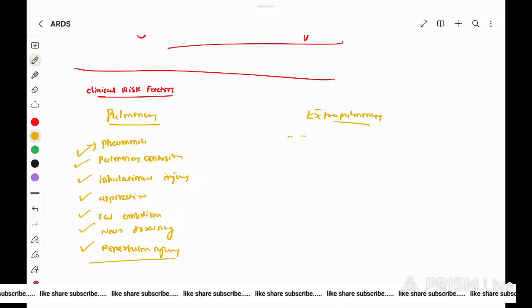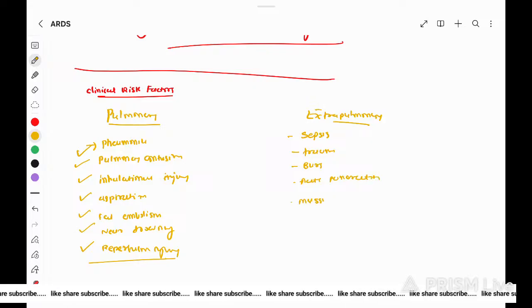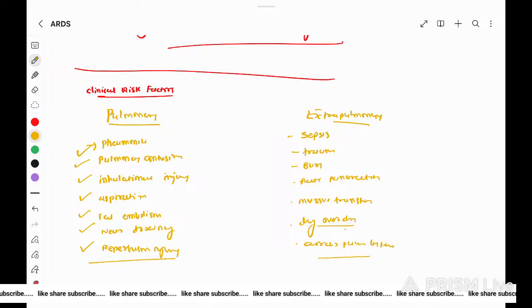We have seen a lot of patients with extrapulmonary sepsis, trauma, burns, acute pancreatitis, massive transfusion, drug overdose and cardiopulmonary bypass. Sepsis, trauma, burns, acute pancreatitis, massive transfusion, drug overdose and cardiopulmonary bypass.